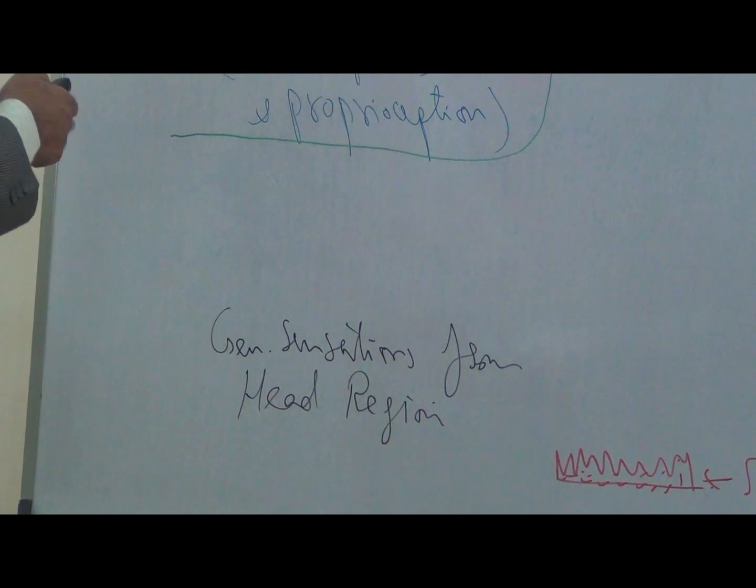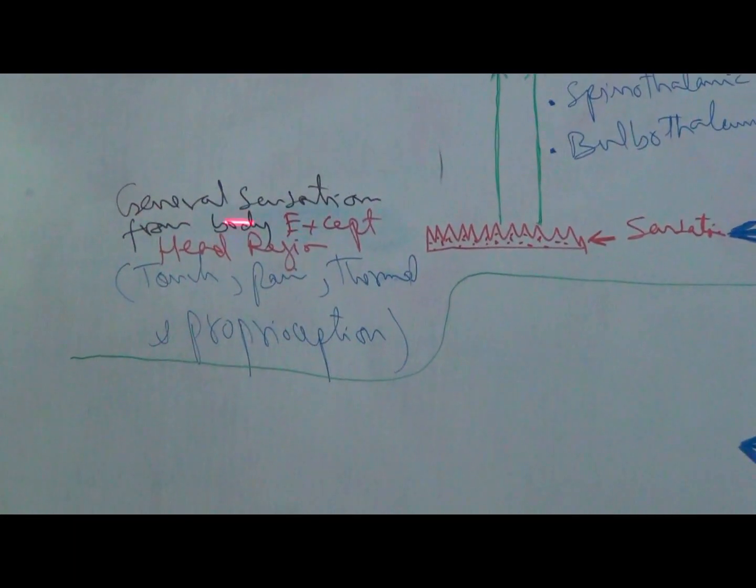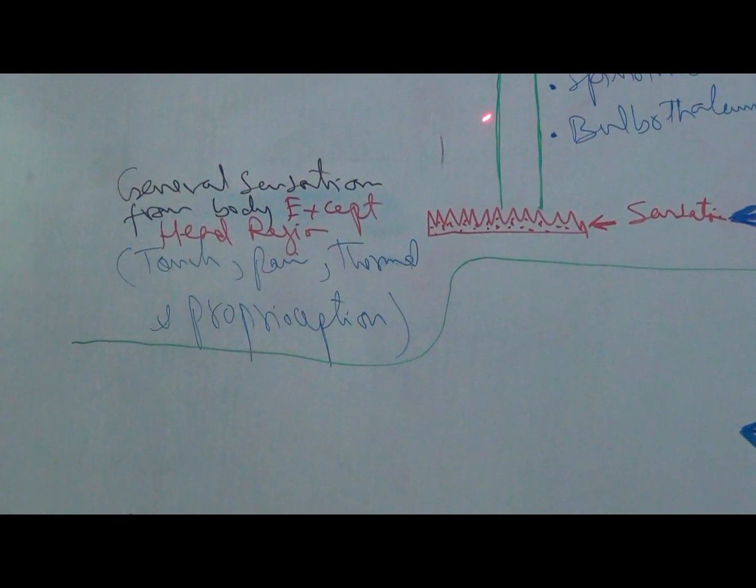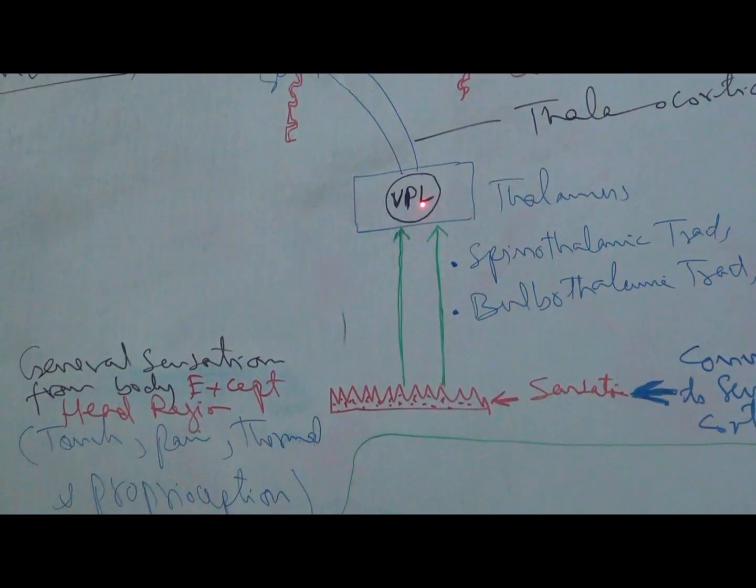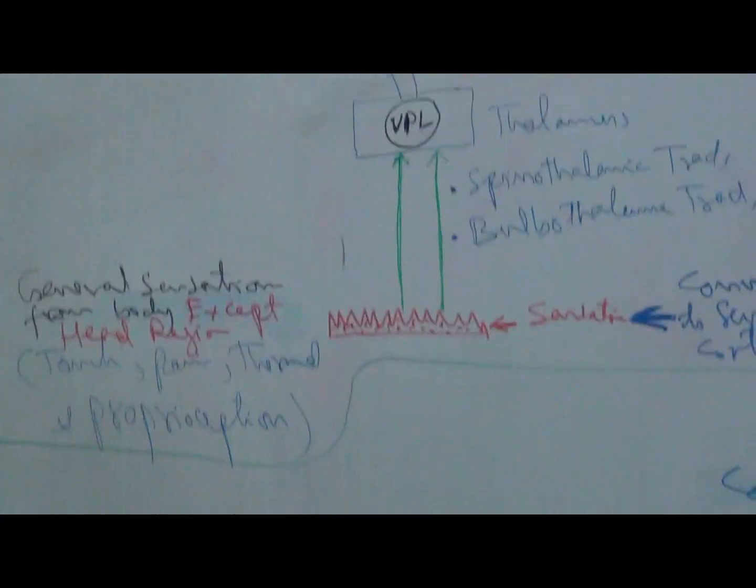For the whole body except the head region, the sensations are relayed in the ventral posterior lateral nucleus of the thalamus. Now what about the head region?